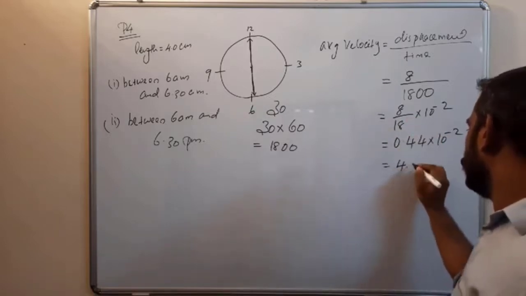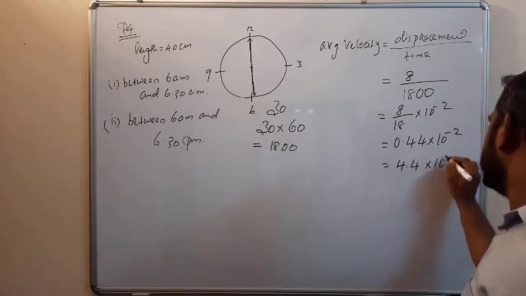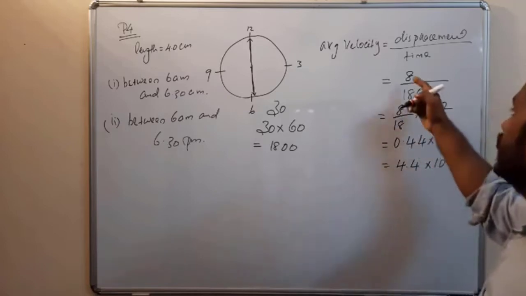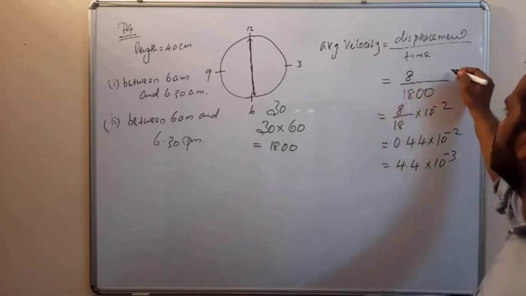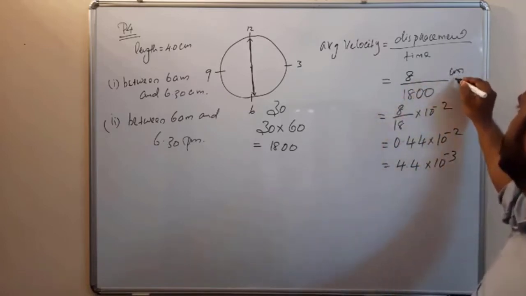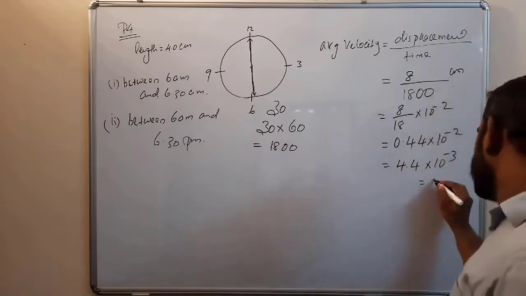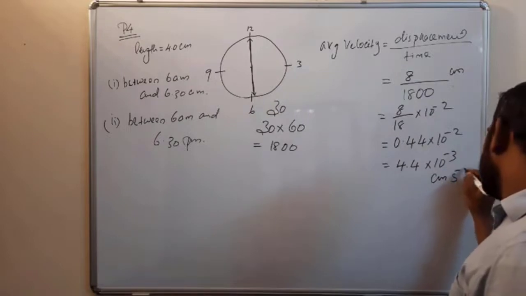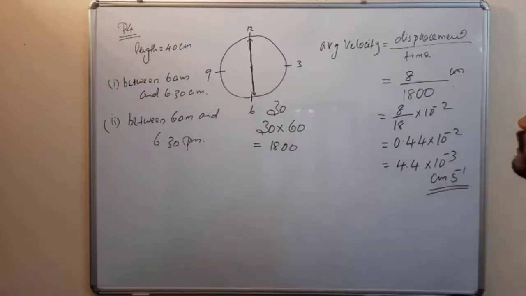That's equal to 4.4 into 10 to the power minus 3. What is the unit? This is centimeter, this is second. So the unit is centimeter per second. Okay, that is the first case. Clear?